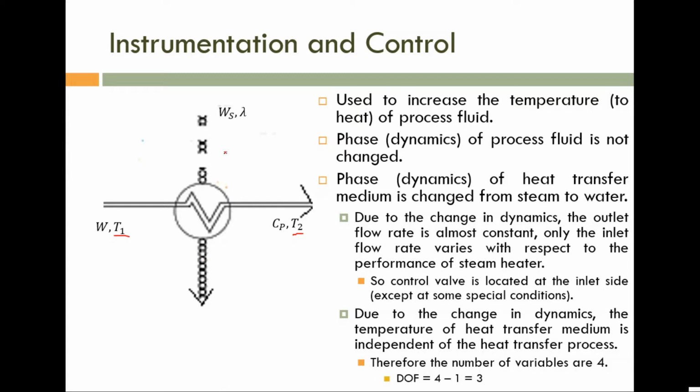Normally, if you are using saturated steam, during heat transition the energy carried by the steam is transferred to the process medium, so that the temperature of the process medium is increased from T1 to T2. Definitely, after the transfer of heat energy, the steam is condensed.